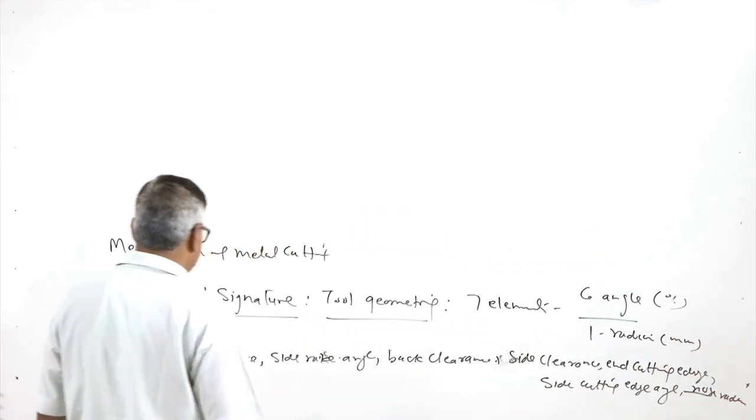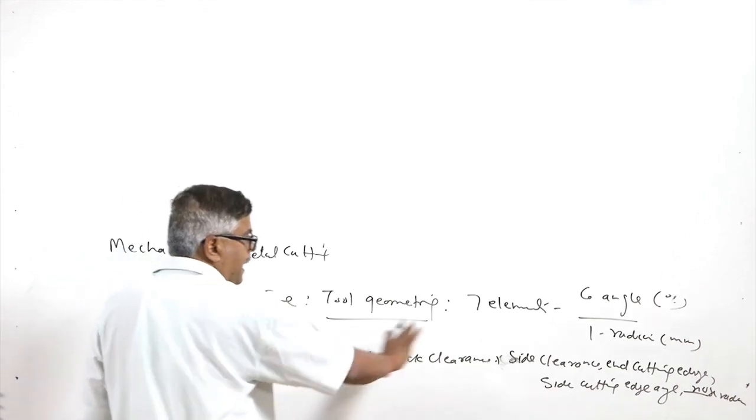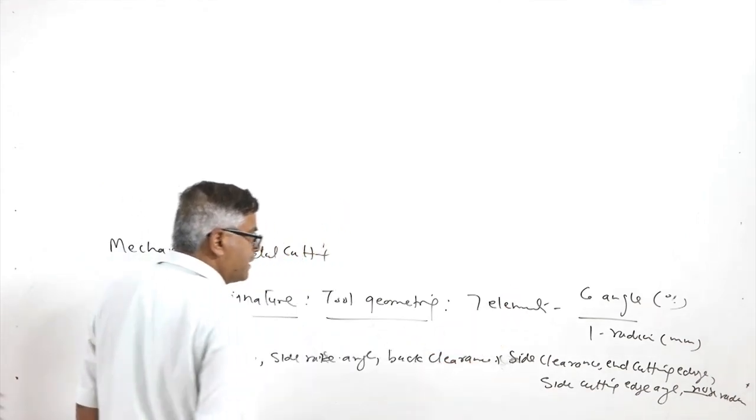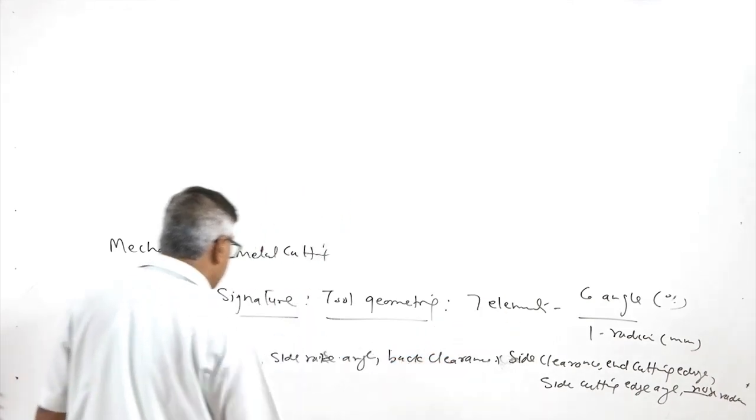As I have said, these are the different angles which are written in this particular sequence only, and at the end we have the nose radius.